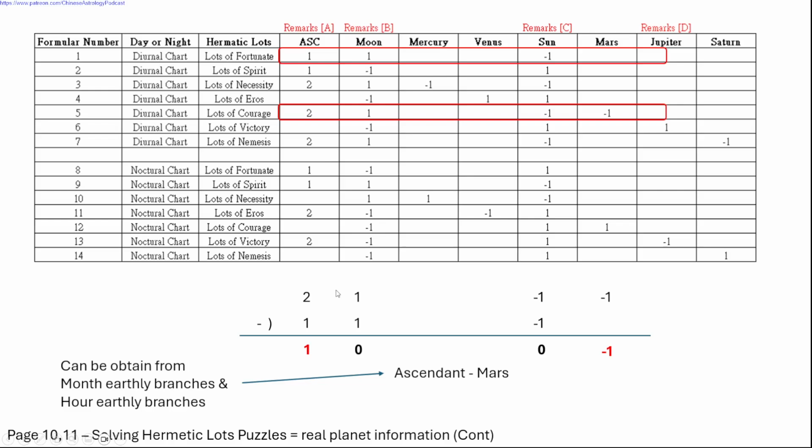So this reduction of equations will give us ascendant minus mass. And accordingly, you can find the ascendant position from the lunisolar calendar. And then by just adding these 2 points, you can do reverse engineering to reveal Mars position.